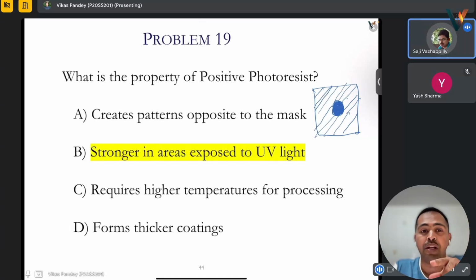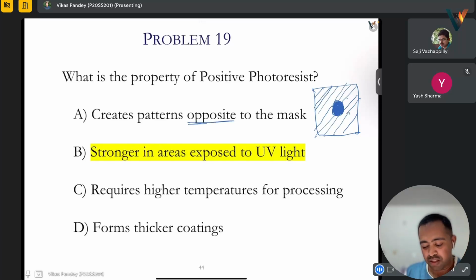So the pattern will be the same as the mask. It will create a pattern same as the mask, not opposite. And when we say stronger in areas exposed to UV light, it seems like it will remain, but stronger means it will get dissolved in the developer, a reverse chemical reaction that occurs. Fine.